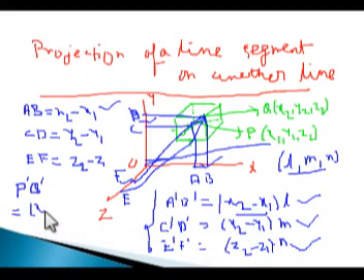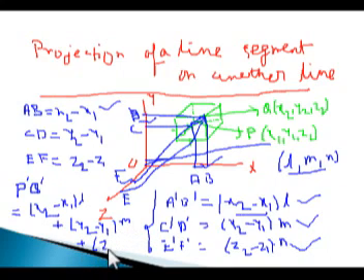Now this is the projection of the line segment PQ on another straight line whose direction cosines are l, m, n. It can be expressed in this way: (x2 minus x1) l plus (y2 minus y1) m plus (z2 minus z1) n.